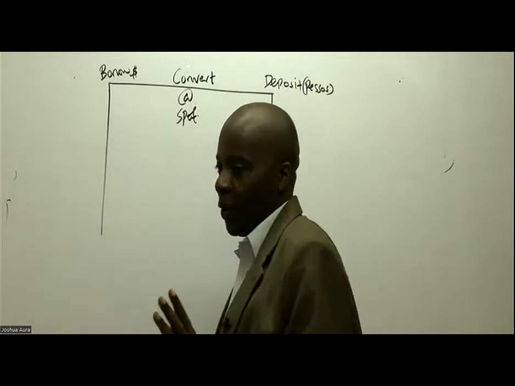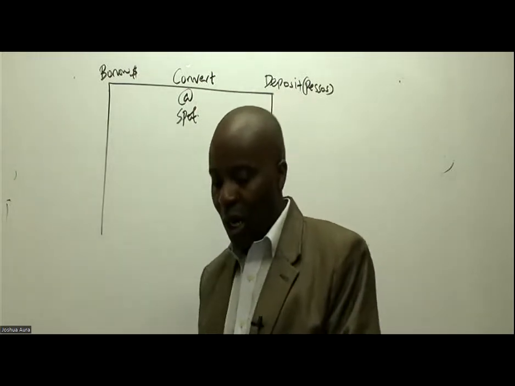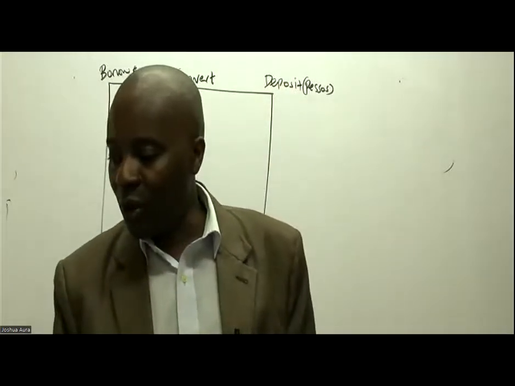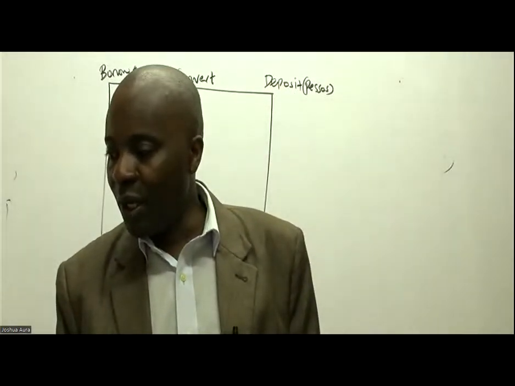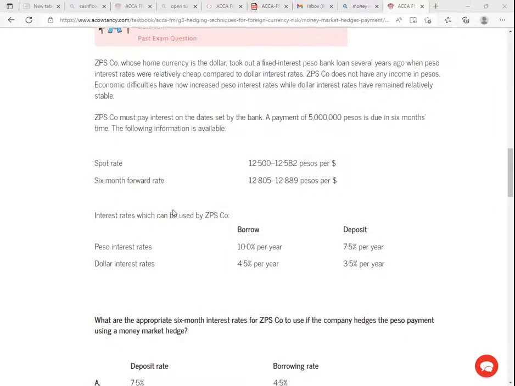Now, you guys have given me the borrowing rate of the dollar. Dollar borrowing is 4.5% per year. So we have here 4.5% times 6 over 12 plus 1 for the dollar.